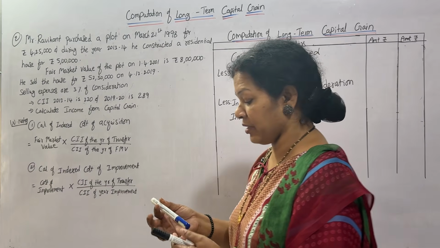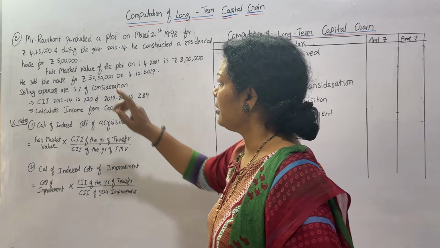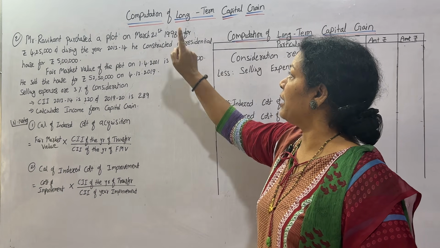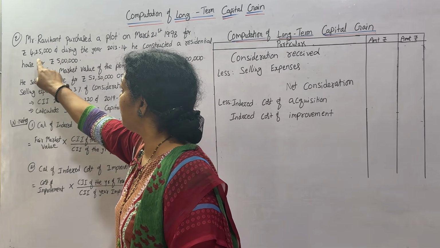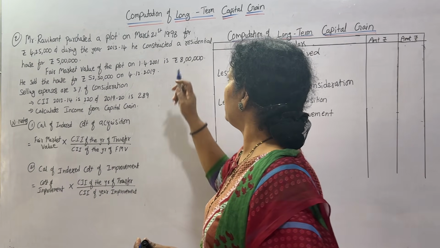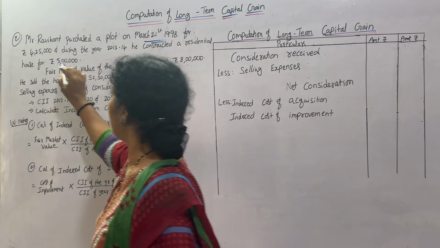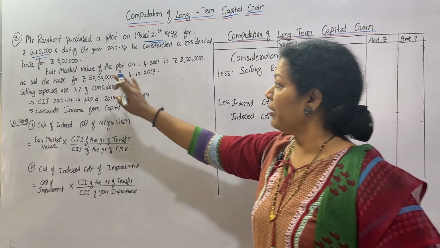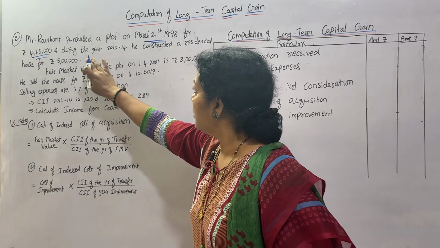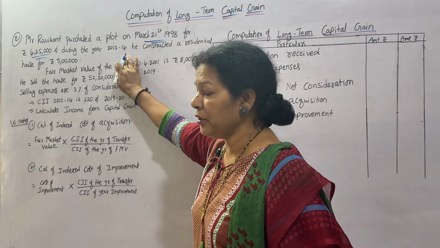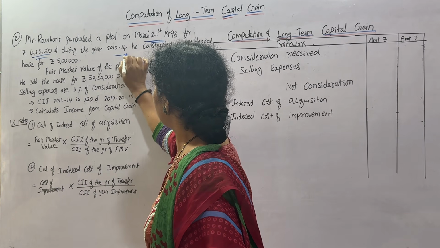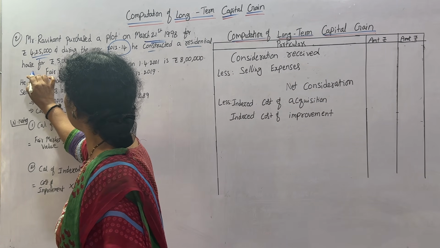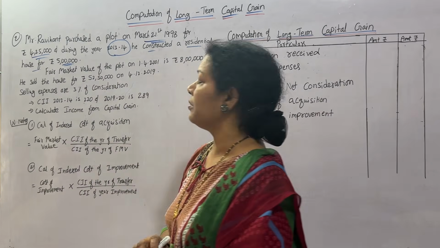The problem is given like this, slowly we will read. Mr. Ravikant purchased a plot on 21st March 1998 for 4,25,000. During the year 2013 to 14, he constructed a residential house for 5 lakh rupees.